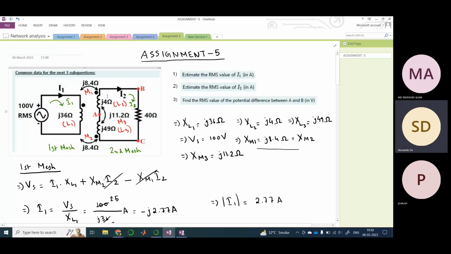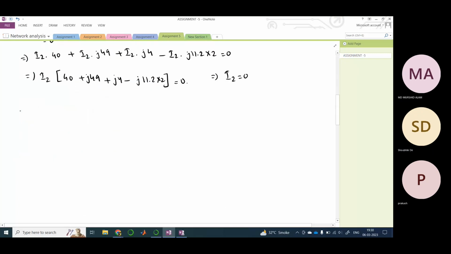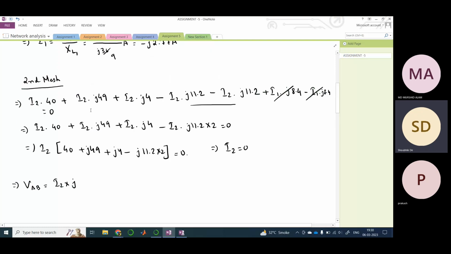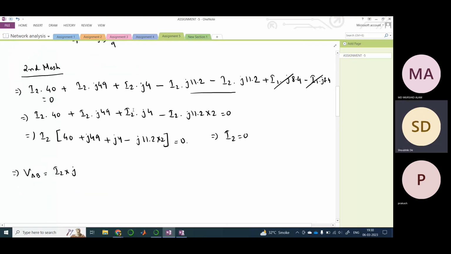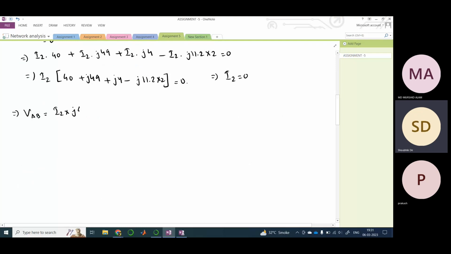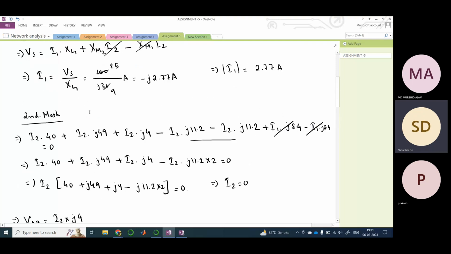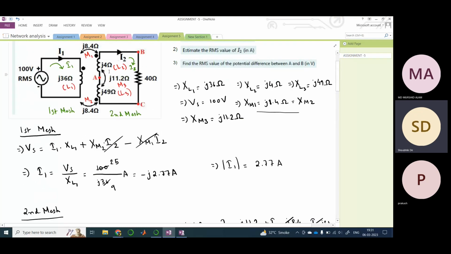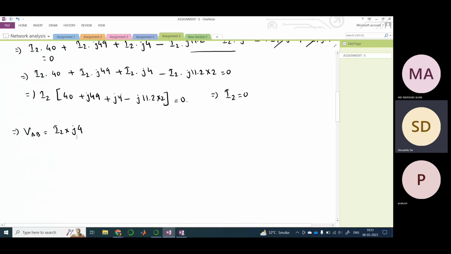With this inductor J4, VAB would be what? I2 into J4, right? The inductor L2 is J4. Now we will also have the mutual inductance values, right? So I2 into J4. Now with this, we already saw that the mutual inductance is minus, depending on the direction.